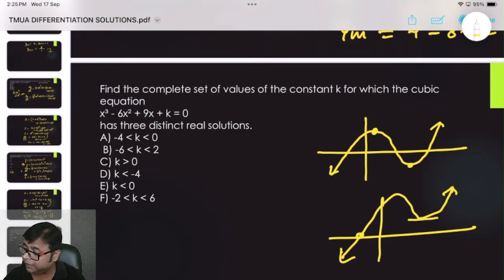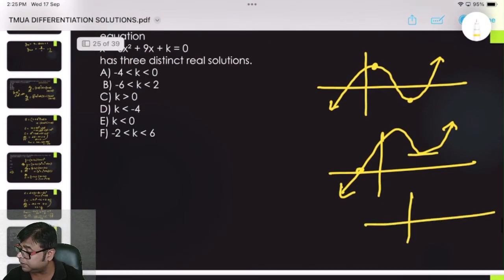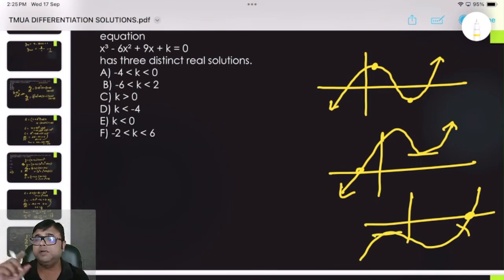It can also be like this, that it goes through and becomes this. Again it will have only one solution, and here the maximum value will be negative. So there are different possibilities, but for three distinct real solutions of this cubic, I need a minimum value which is negative and a maximum value which is positive. This is something which you have to understand very deeply.